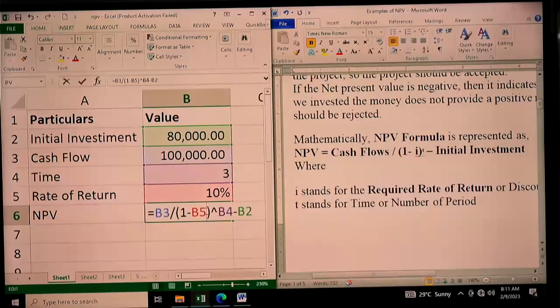So you can actually check the formula. Here we have included the cells: the cell B3 divided by other cells, 1 minus.